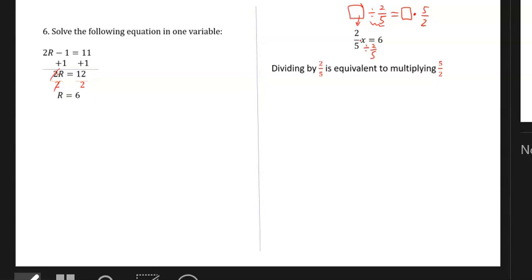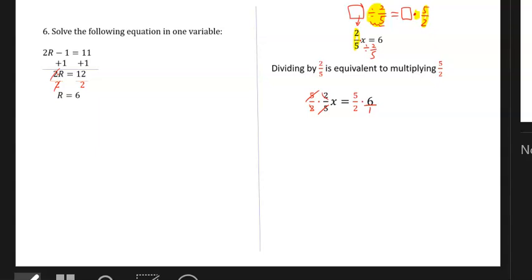Keep, change, flip. So instead of dividing by this fraction 2/5, we're going to take the shortcut and multiply by the reciprocal, which is 5/2. After we multiply both sides by 5/2, they cancel each other, 5 cancels 5, 2 cancels 2. On the right hand side, we can put it as 6/1 and reduce.